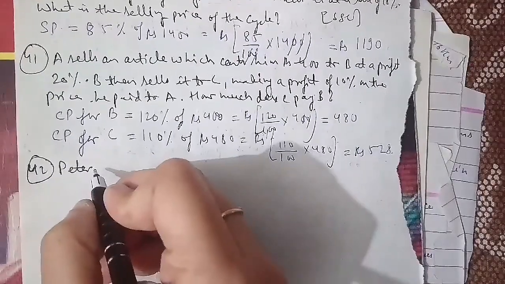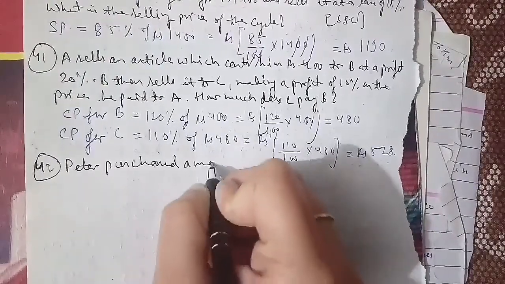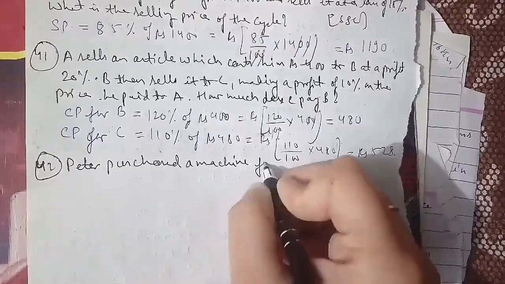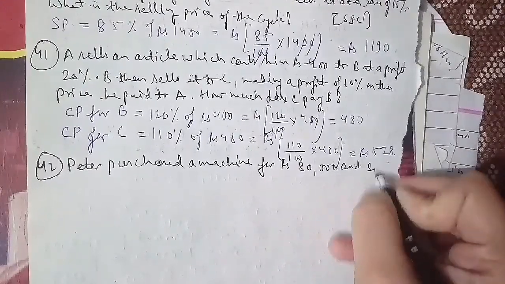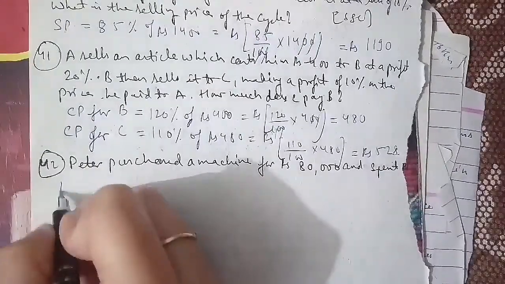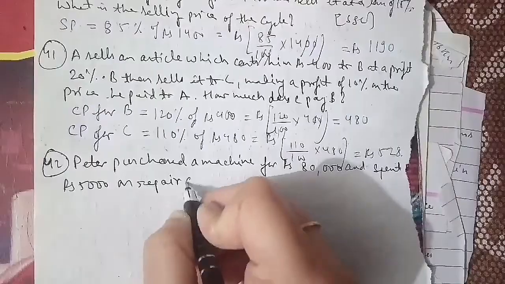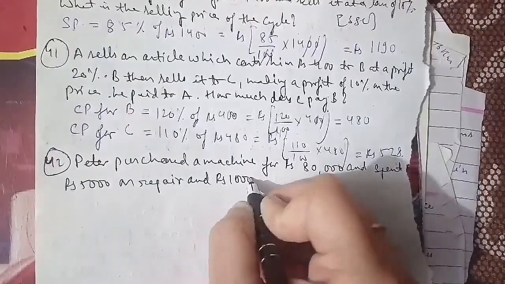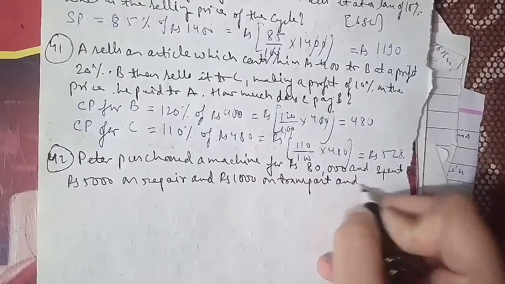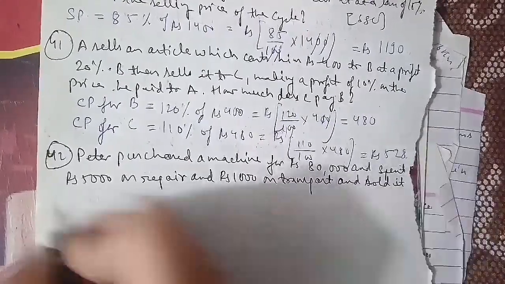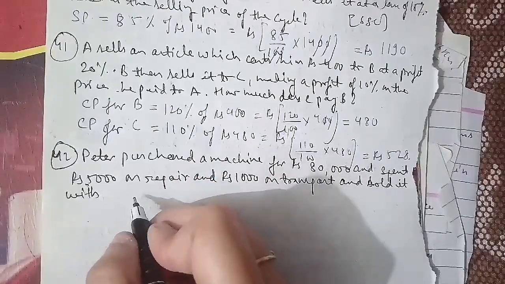Peter purchased a machine for rupees 80,000 and spent rupees 5,000 on repair and rupees 1,000 on transport and sold it with 25% profit.